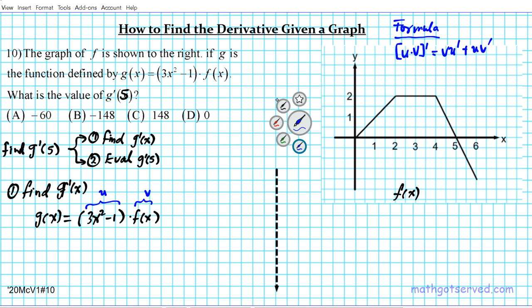So when we apply the product rule, the derivative of this function, g prime of x, is going to be v, which is f of x, u prime. If you differentiate 3x squared, you get 6x, because the derivative of 1 is just 0, right? So that's vu prime plus u, which is quantity 3x squared minus 1 times v prime, which is f prime of x.